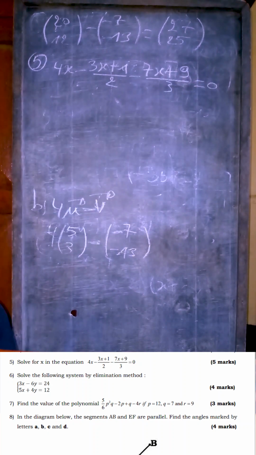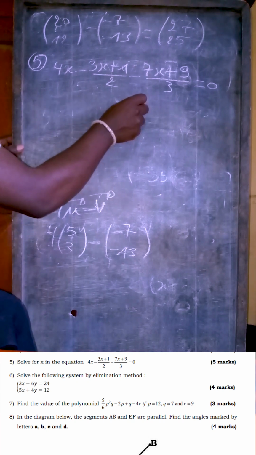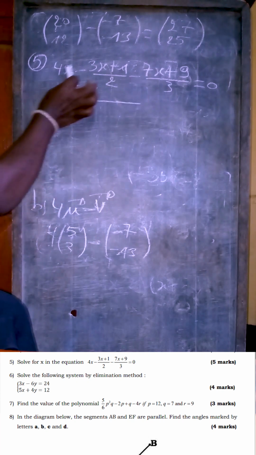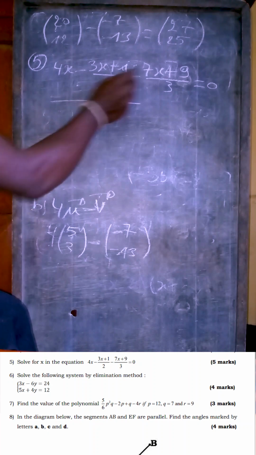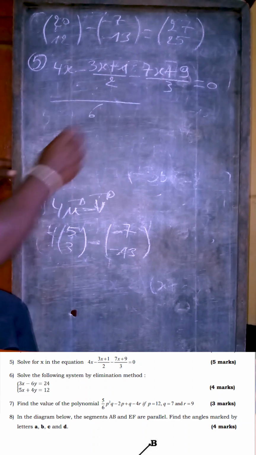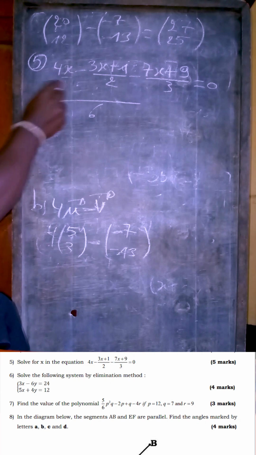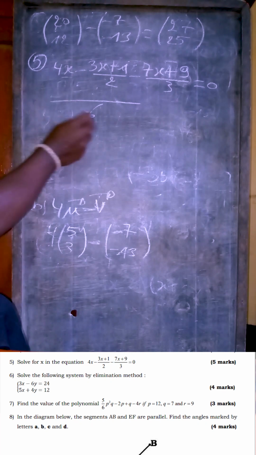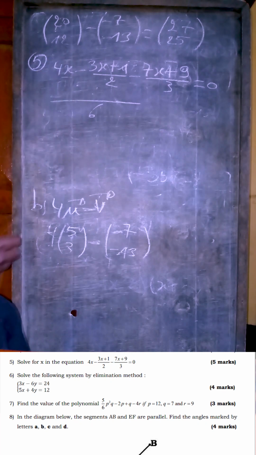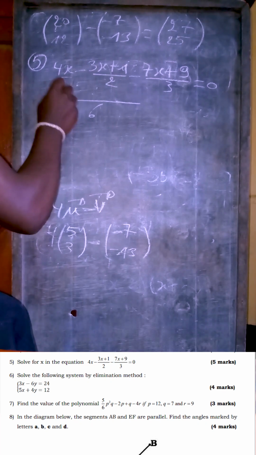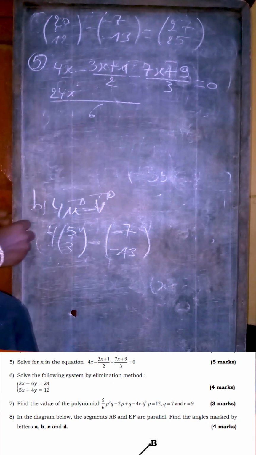To solve this, because we are dealing with fractions, we have to find the common denominator, and the common denominator of all terms is 6. As you see, it is 6. We can use 6 over 1, and from this denominator, 6 times 4x will be 24x.